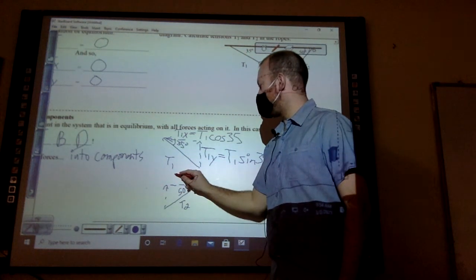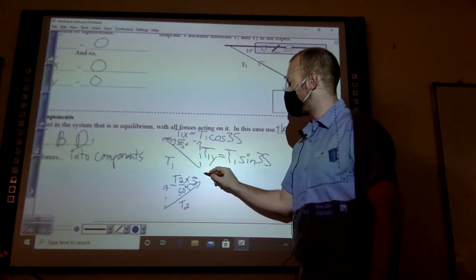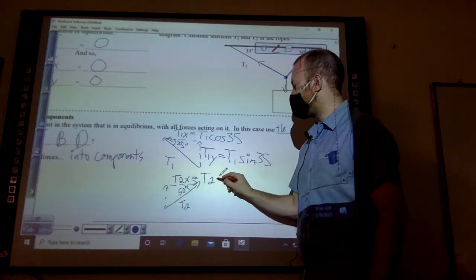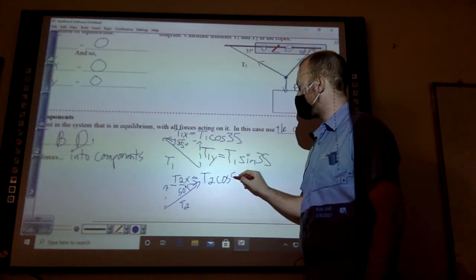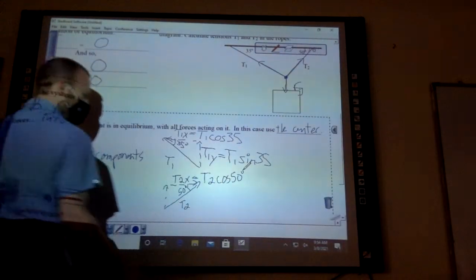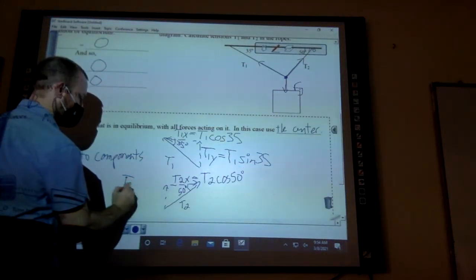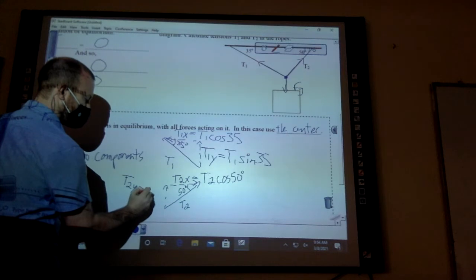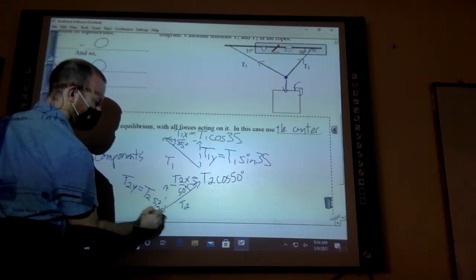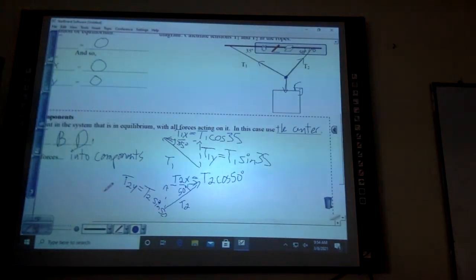So here's T2x up at the top. This is equal to the hypotenuse, T2. It's cos because it's on the same side, or it's adjacent to the 50 degrees. So there it's cos. And if I do T2y, here it's T2 sine 50. Sorry, it's slanted.